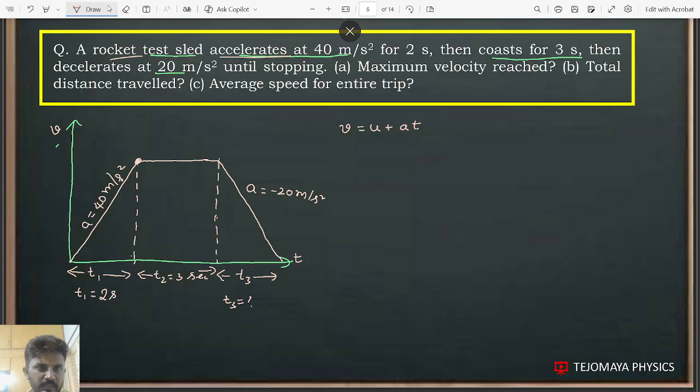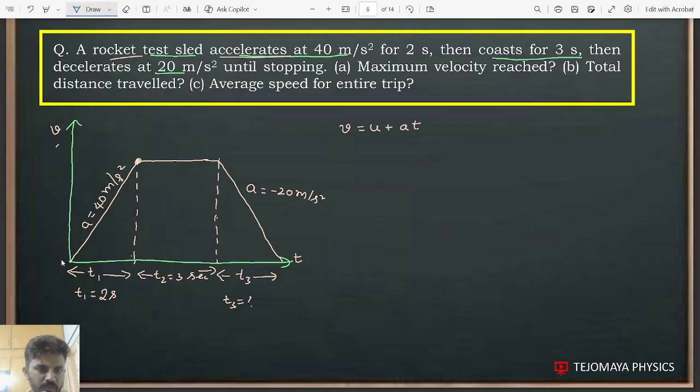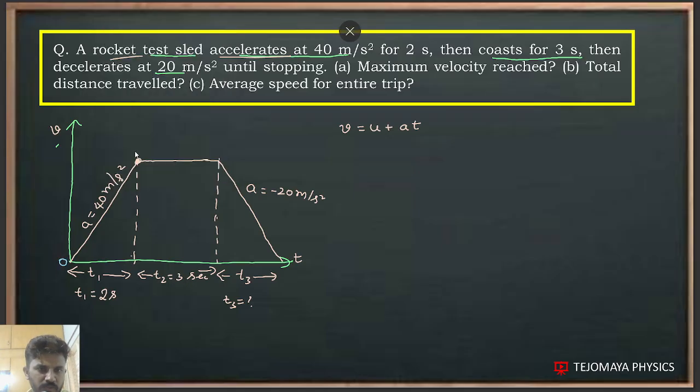Let me consider this is O, this is A, this is B, and at the time it stops is C. Okay, so velocity at A, that is final velocity, is equal to initial velocity, which is 0, plus acceleration, which is 40.